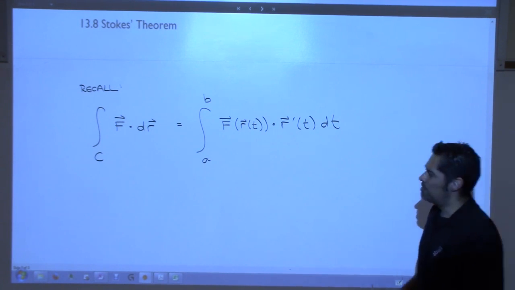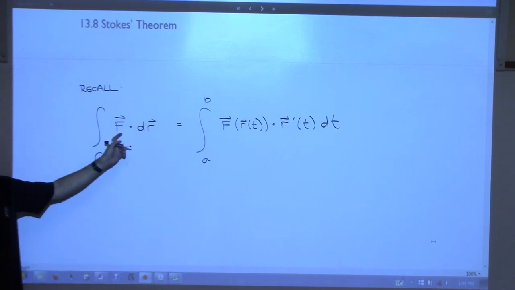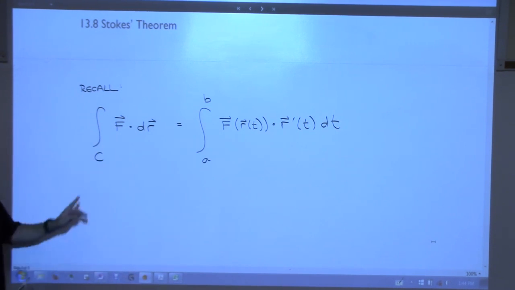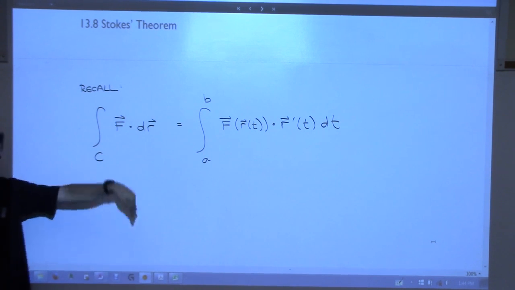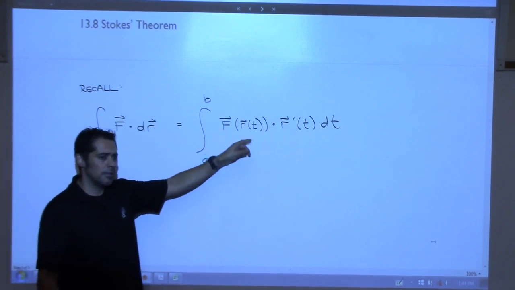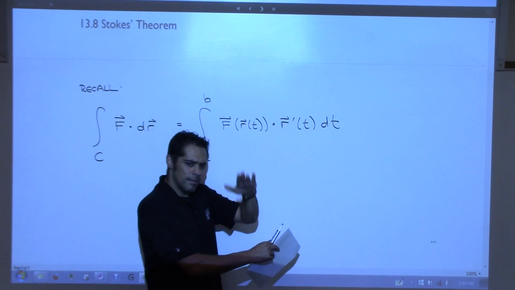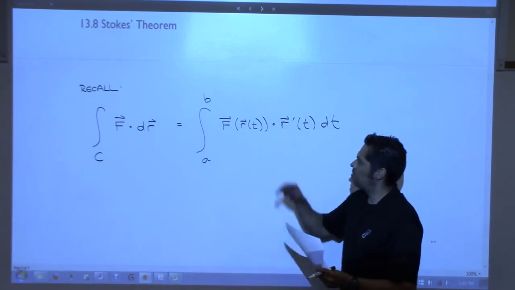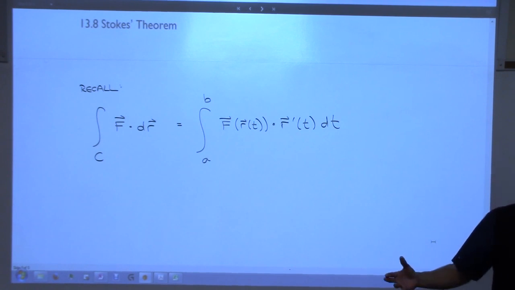So what we did, when we had a line integral and a vector field, is we found a parametrization of C. We found a way to draw the curve. We call that r of t. Then we evaluate the vector field at each of the points on the curve. We dot that with the derivative, which is like a tangent vector to the curve, and this somehow gave us our line integral, right?